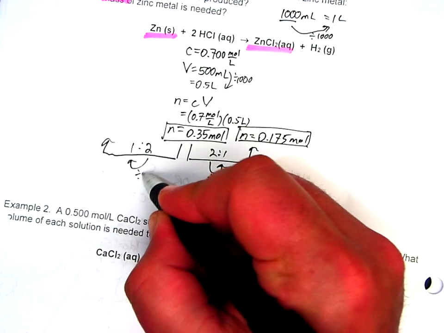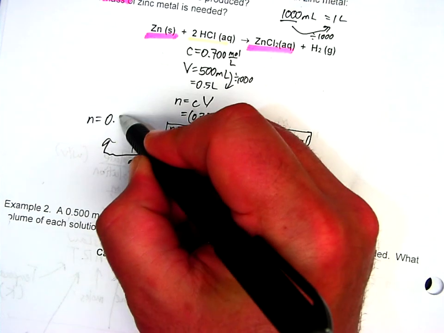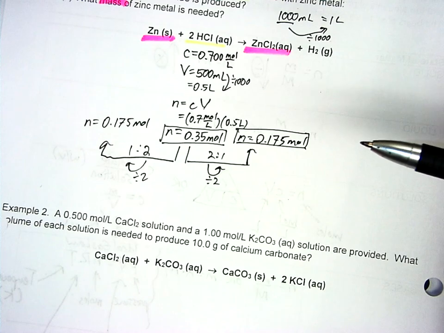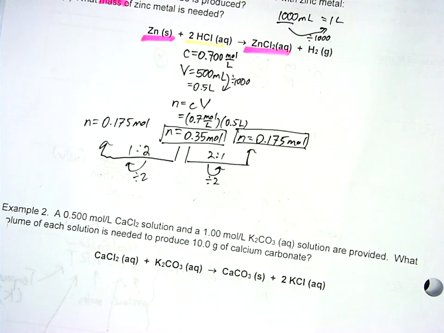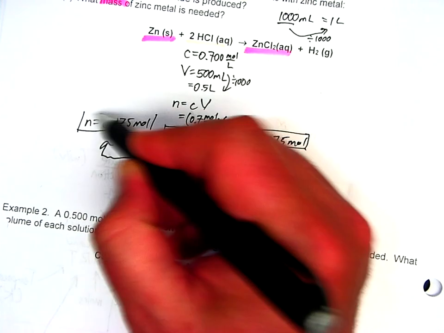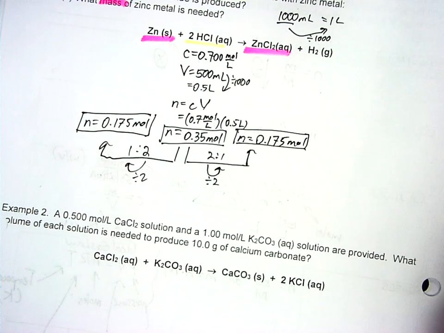So again, I am dividing by 2. So I'm doing the exact same thing here. It's the same number of moles of zinc as there is zinc chloride. And that kind of matches what the coefficients say in the reaction. Okay, 0.175 is the number of moles of zinc that are needed for this reaction. Okay, so I got both my moles.